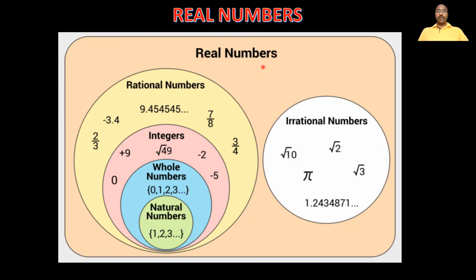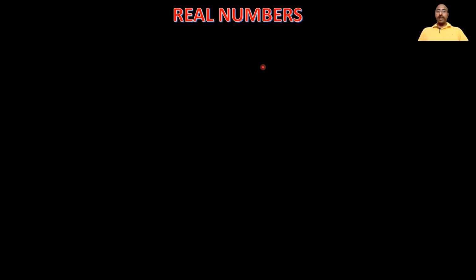Okay, so we learned all these things in previous standards, and we are starting the 10th standard with Euclid's Division Lemma. There are three words in this phrase: Euclid's Division Lemma.